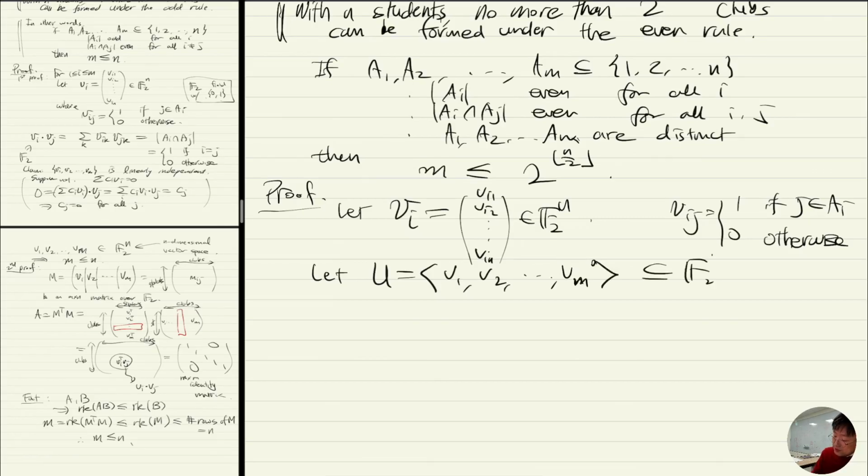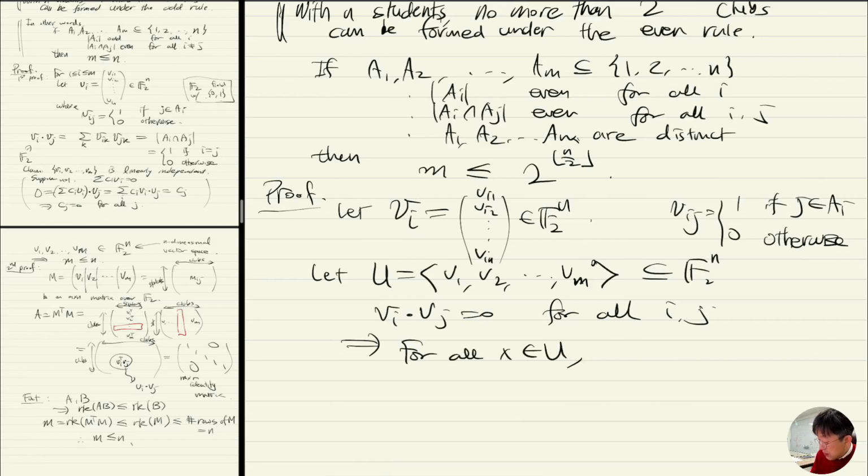So it's a subspace of F2 to the n, right? And each pair of them is orthogonal, right? So we know that vi dot vj is 0 for all i and j. So that means that for all x, y in U, their inner product is 0. X dot y is 0. Because between vi and vj, their inner product is 0.